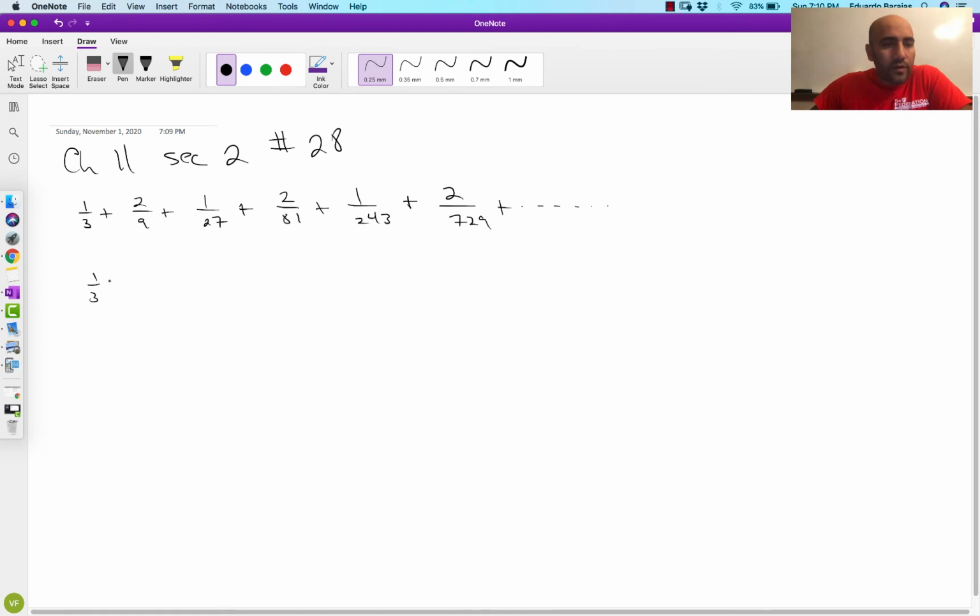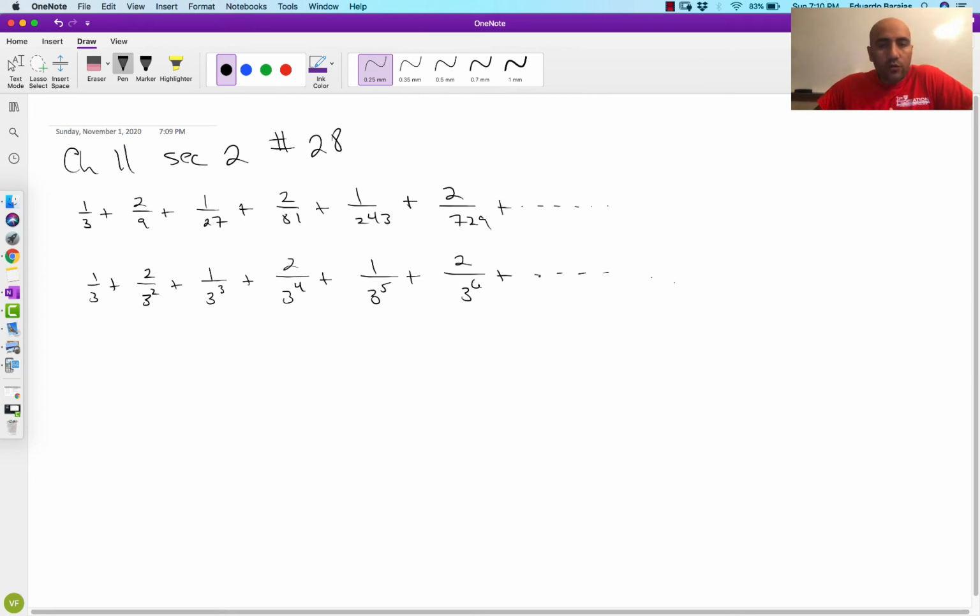So, okay, we can rewrite this as 1/3 plus 2/3 squared plus 1/3 cubed plus 2/3 to the 4th plus 1/3 to the 5th plus 2/3 to the 6th plus dot dot dot. Okay.